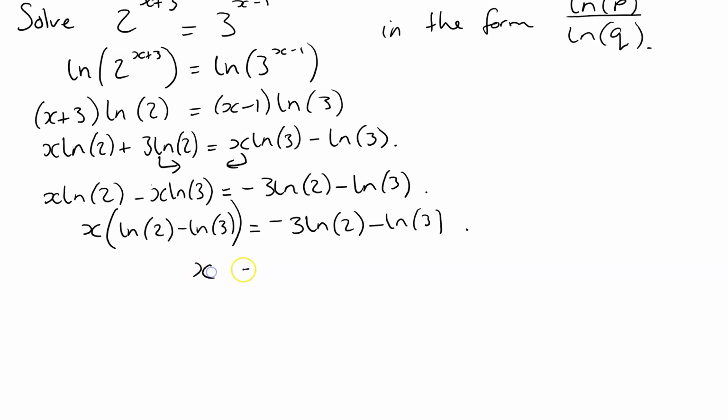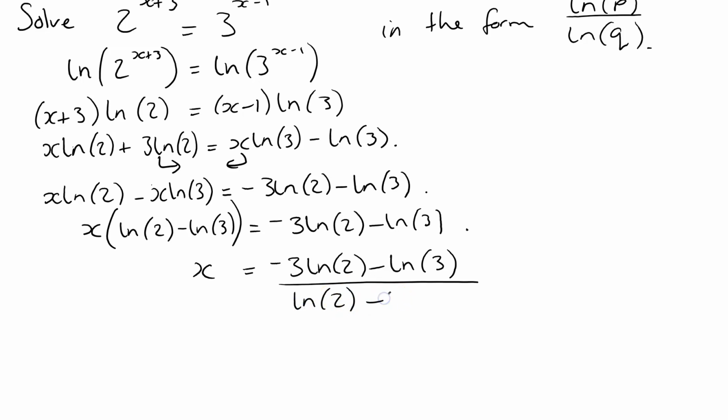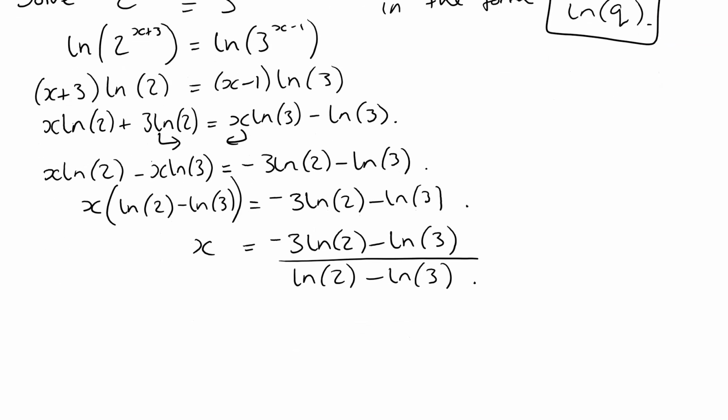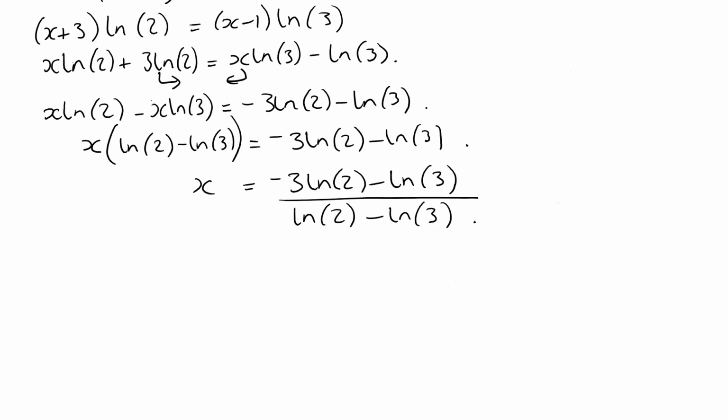Divide by the bracket in front of the x. Like so. So now it's a case of tidying it up, because we want it ln of one number and ln of another number, not multiple lns going on everywhere.